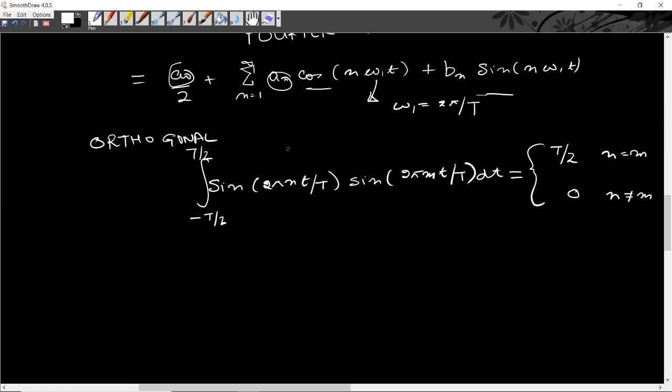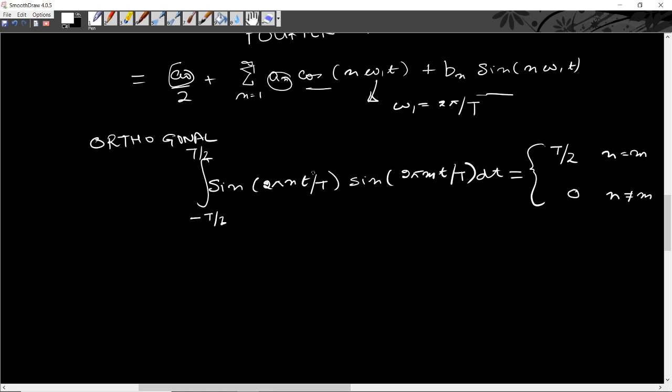So the point is that if I multiply two such sine functions but with different frequencies, and integrate over one whole time period, then the integral is 0.